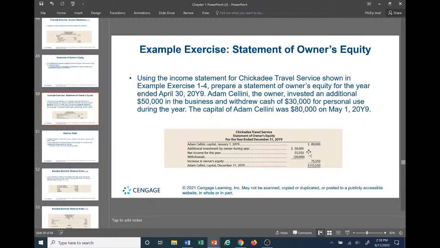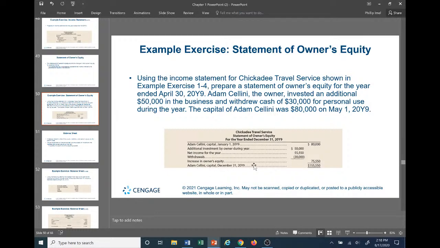Remember, net income is closed to owner's equity, meaning retained earnings. So this would be like the retained earnings for that period. So there's the investment by the owner added. The net income is carried over into this because that's going to increase equity. And recall the withdrawals, or the drawings, of $30,000 for personal use. So that's going to be backed out.